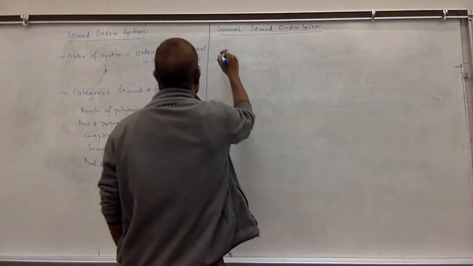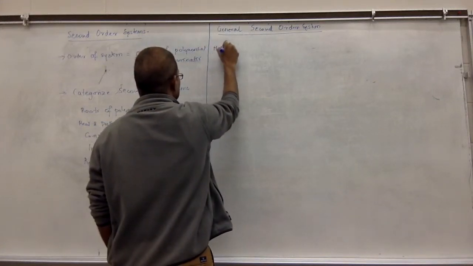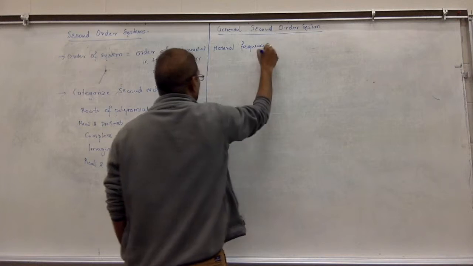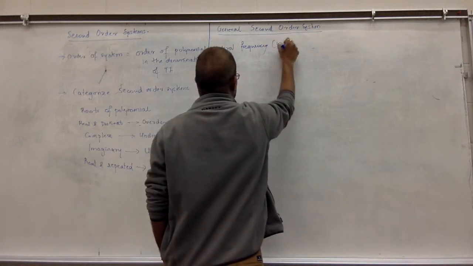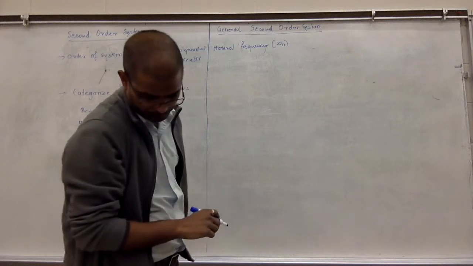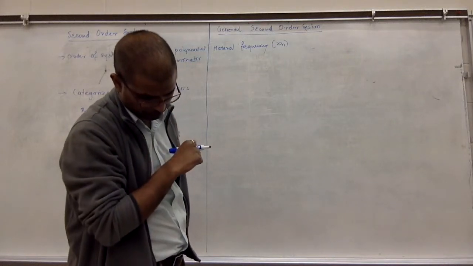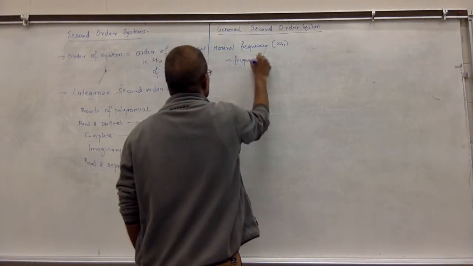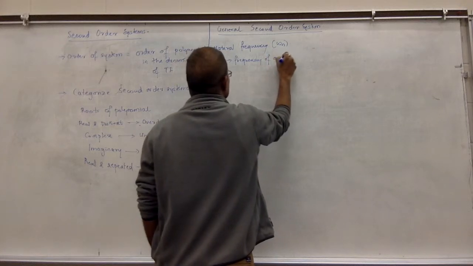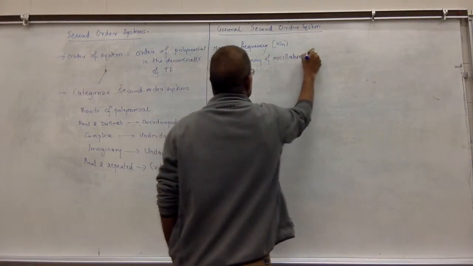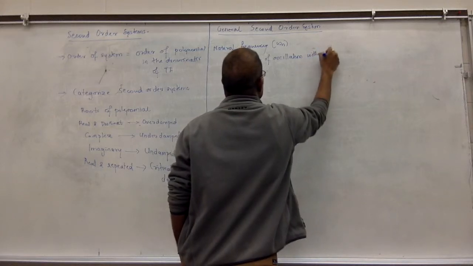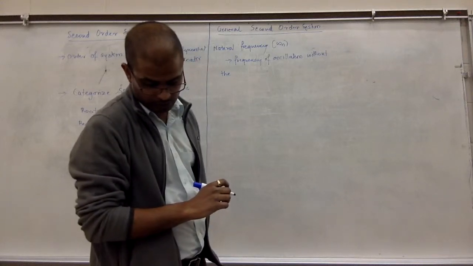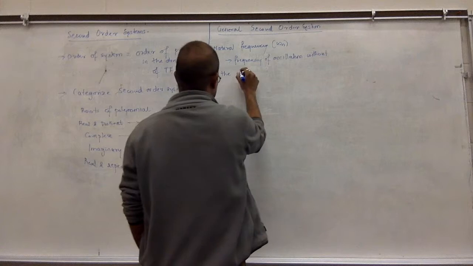Now the general second order system, we introduce something called natural frequency. Every system will have a natural frequency. We use the symbol omega n for that. This is the frequency of oscillation without the damping.